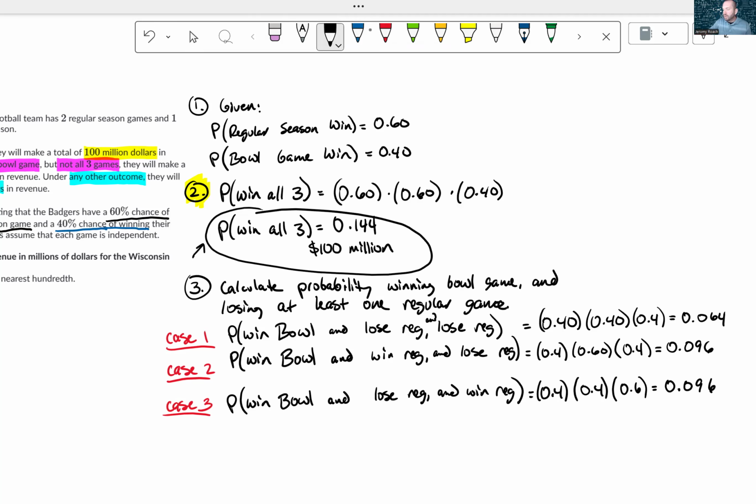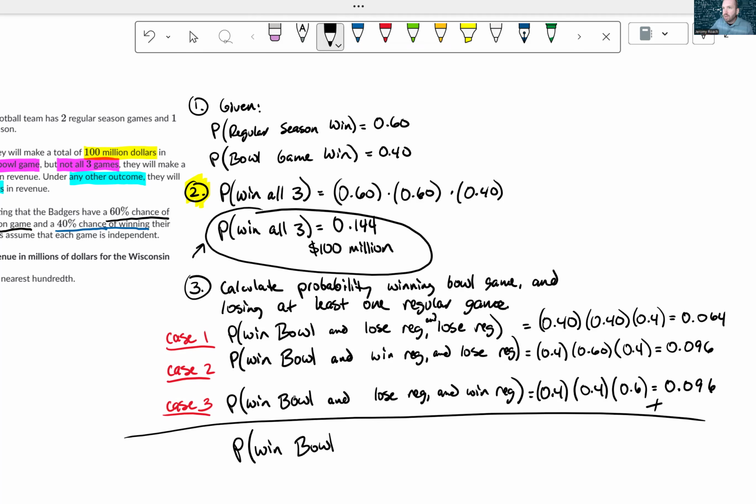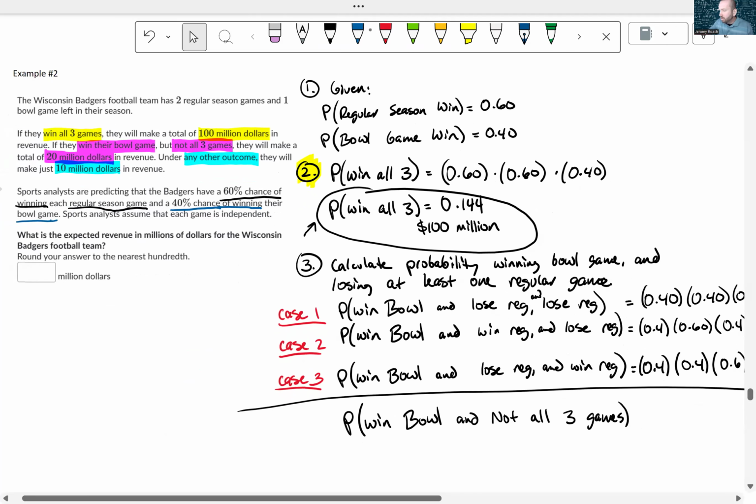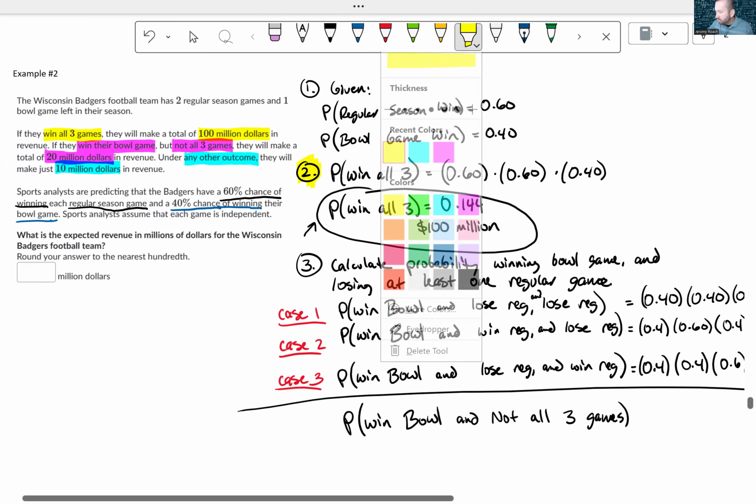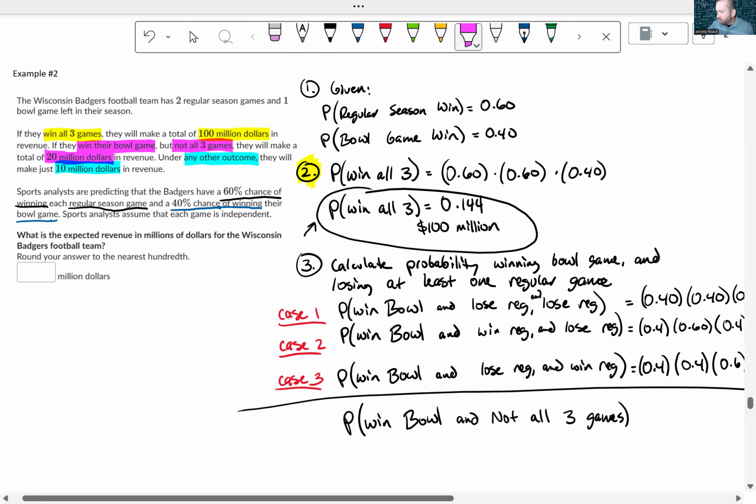These are all mutually exclusive. These are all the different cases that we could have. So we're going to add all of these together to get the probability of winning a bowl game and not all three games. That was our second amount of winnings, which was for $20 million.